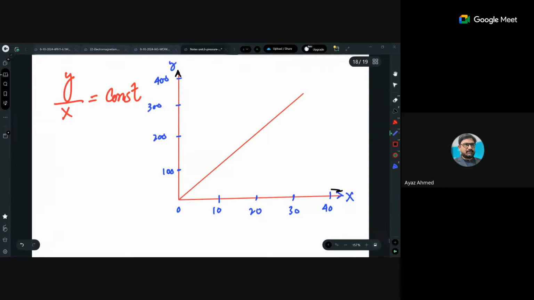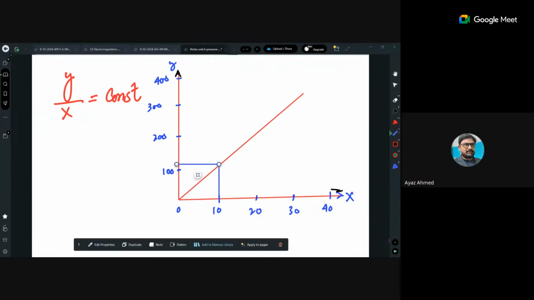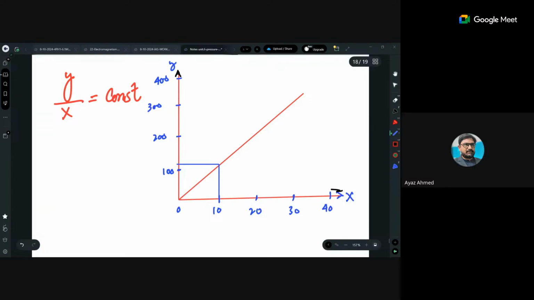Just a simple calculation. For example, if I want to calculate the value at 10, what value do I get? अज्यूम कर लेते हैं कि ये 100 है, ठीक है, just to make simplification.